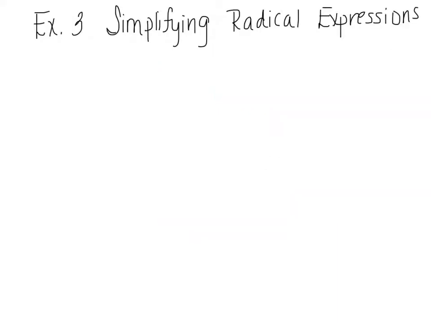Okay, when you're simplifying radical expressions, one thing that you need to remember is when you're dealing with variables, because we don't know what the variable is. As long as n is odd, then you do not need absolute value signs.